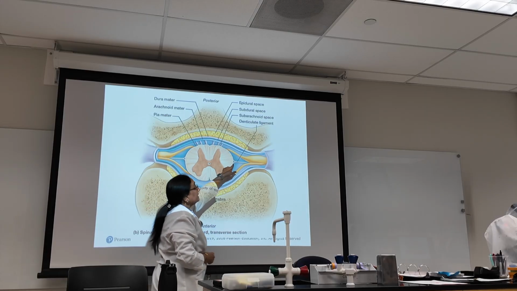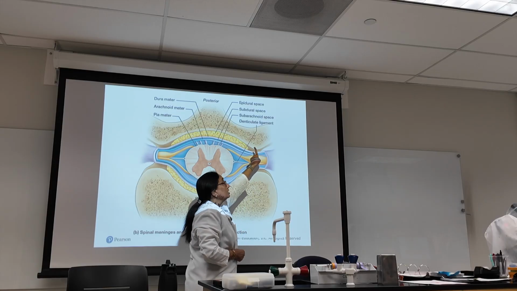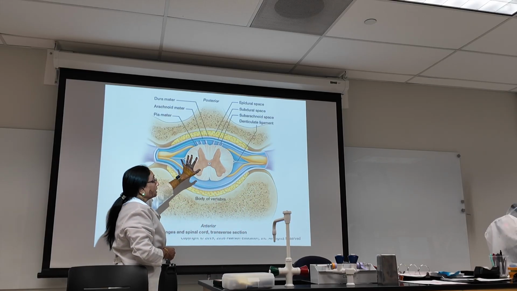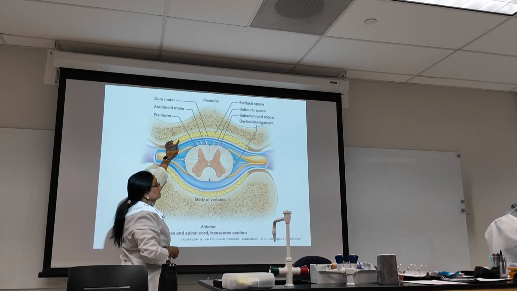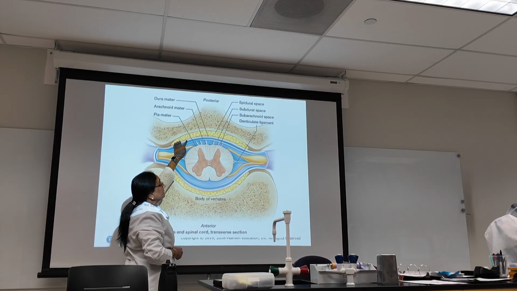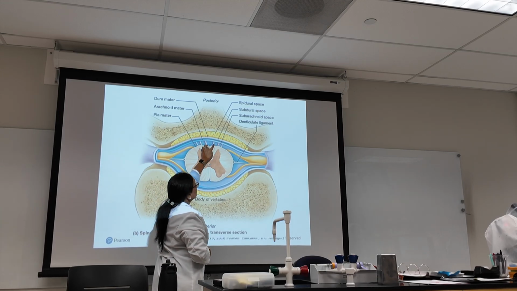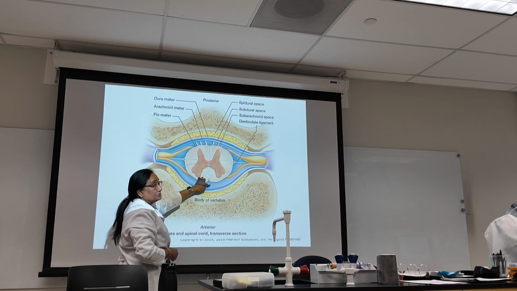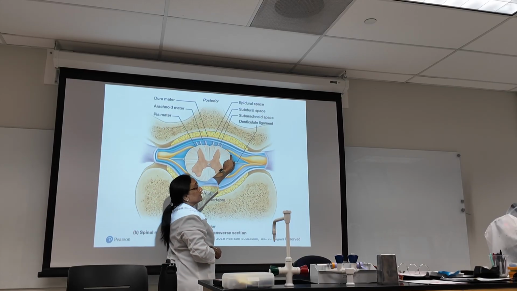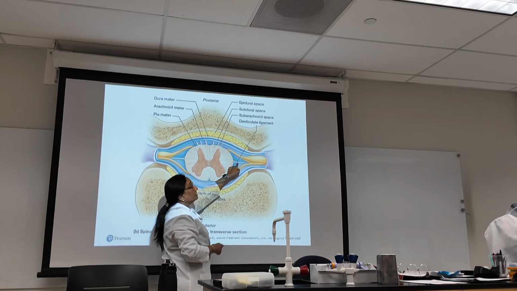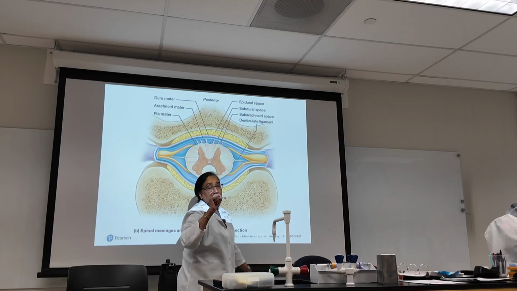These are called denticulate ligaments. So in this model, you should be able to identify epidural space, dura mater, arachnoid mater, subarachnoid space where the CSF is found, pia mater, which is the outermost layer here, and denticulate ligament. You should be able to identify denticulate ligament.